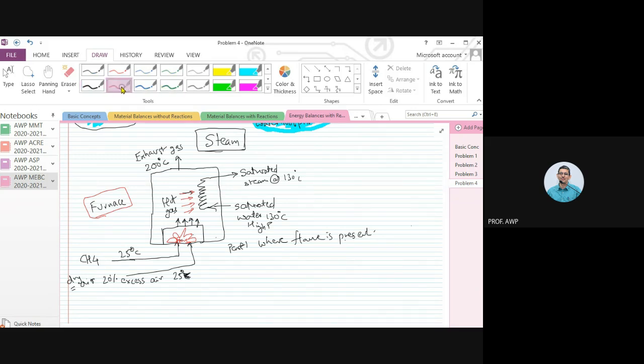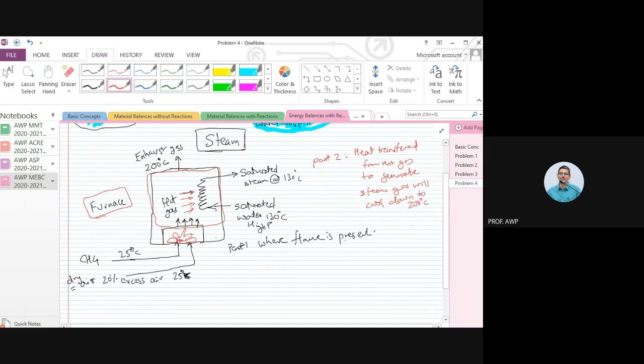So I can break down this problem into two parts. One part is where the flame is occurring, and the other part is where heat is transferred from the hot gas to generate steam, and the gas will cool down to, let's say, 200 degrees centigrade.